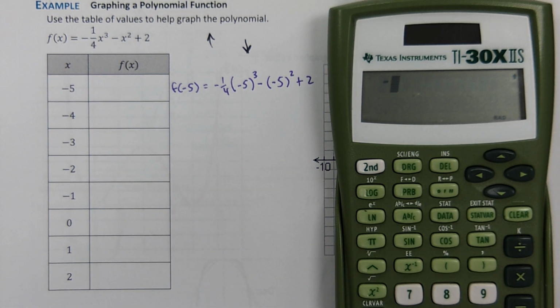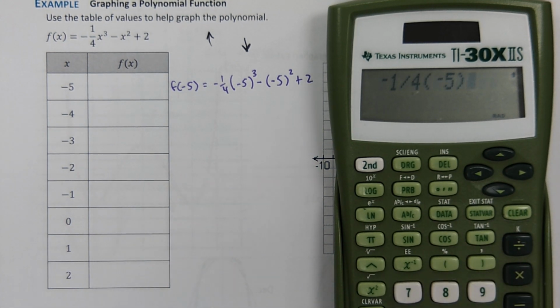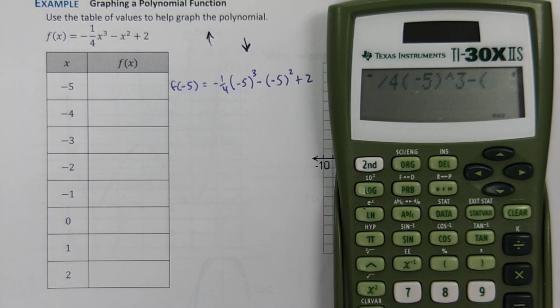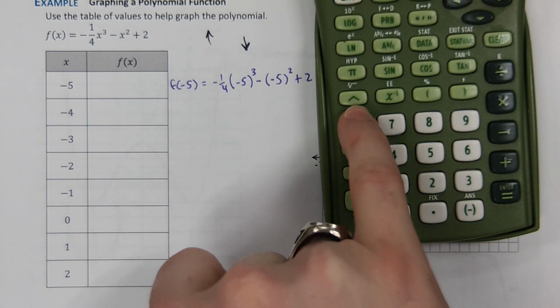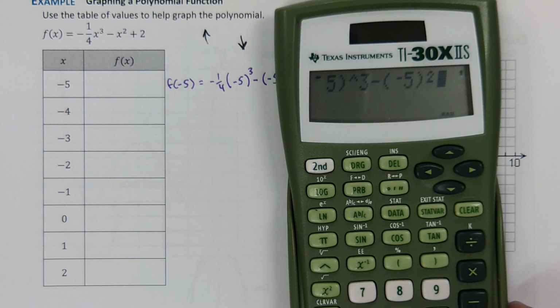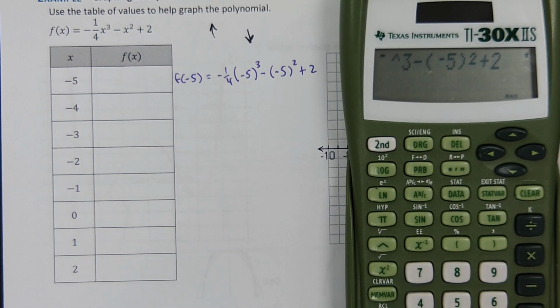Anyway, -1 divided by 4, parentheses, -5, close them up. Raised to the third, minus, parentheses, -5, close them up. This calculator has a square button, squared, plus 2. 8.25.